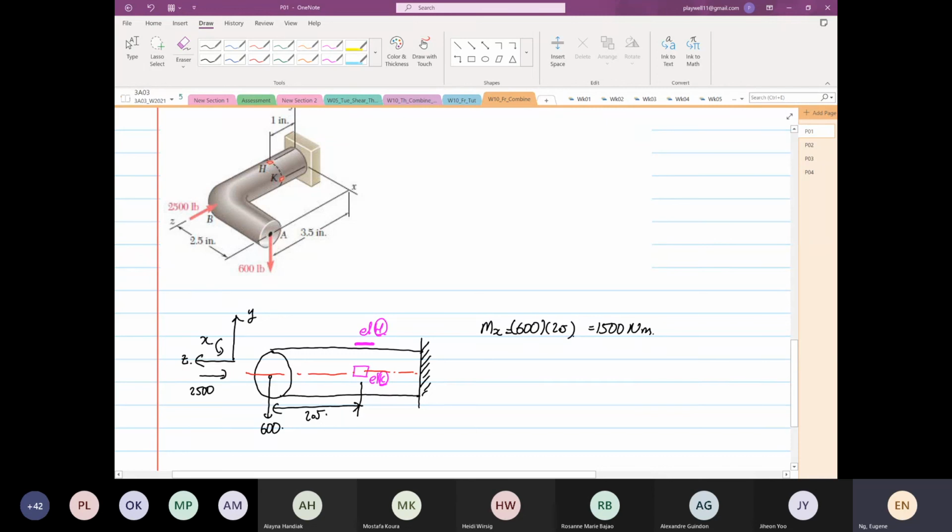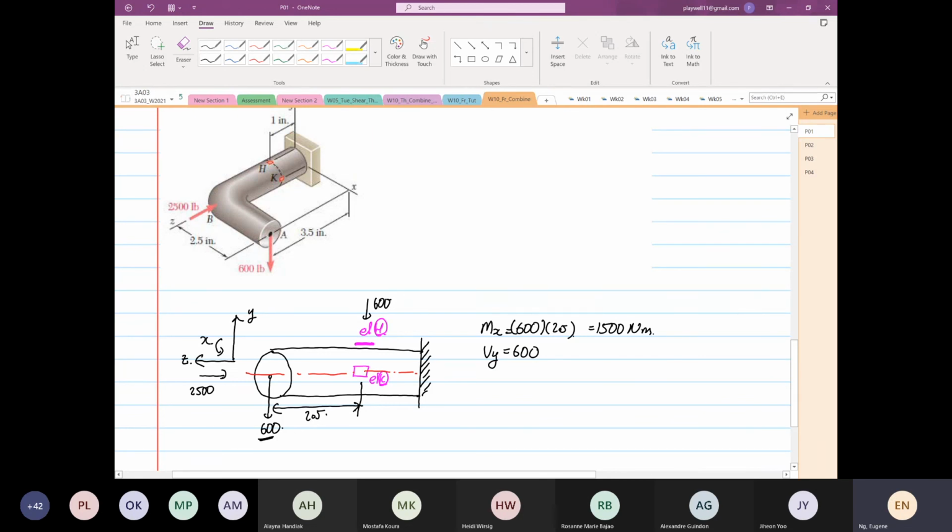Okay, we get that. Then we also know you have a 600 coming in, so there's a reaction of 600 from the top. That will be equal to our Vy, which is 600. Okay, so I'm trying to look down. So we have another one, which is our Mz.